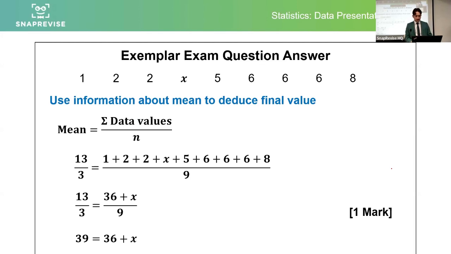But basically, times up by 3 or times up by 9 on both sides and cancelling down, you're going to get 39 is equal to 36 plus x. X must be 3, which totally would fit in there.